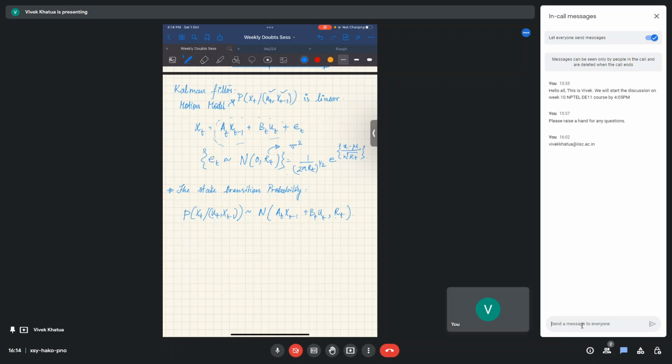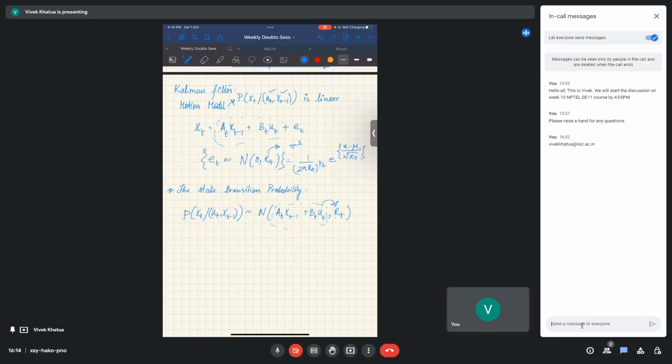Instead of writing plus epsilon t, this epsilon t itself is a normal distribution. So we would say that the variance of this particular quantity will also be the same RT.